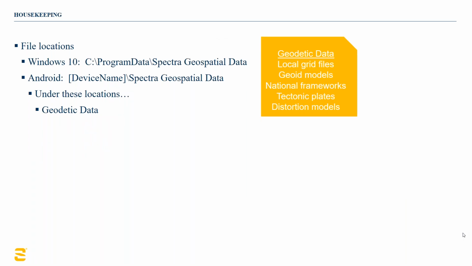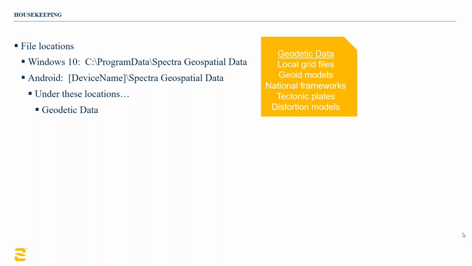What I'm calling housekeeping, you have 3 or 4 major file directories on the hard drive of your device that you might need to know about, and one of them is this geodetic data, which is in the Spectra geospatial data geodetic data directory.